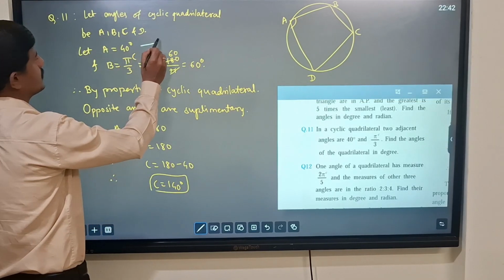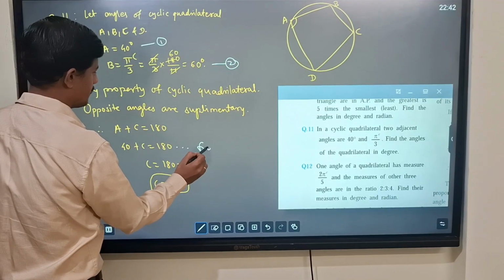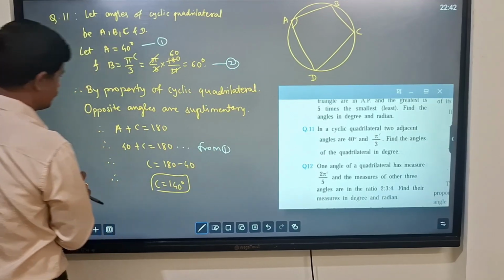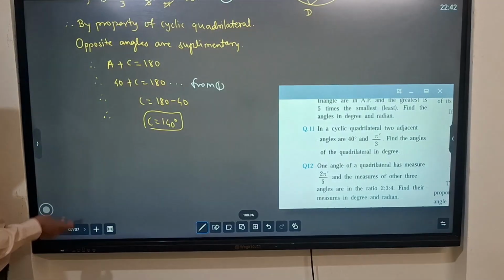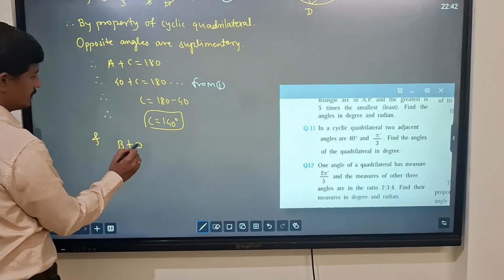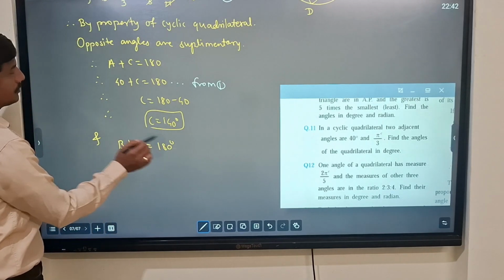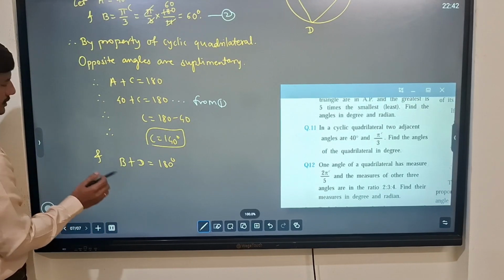We name this as 1, this as 2, and this is from 1. And see, B plus D is also 180 degree, but B is 60 degree.